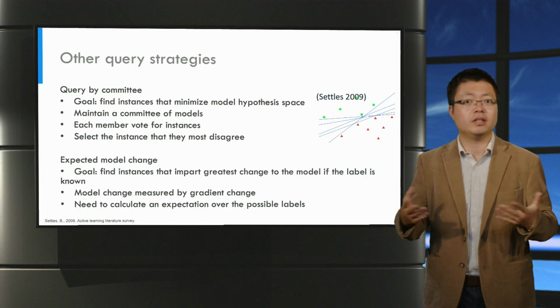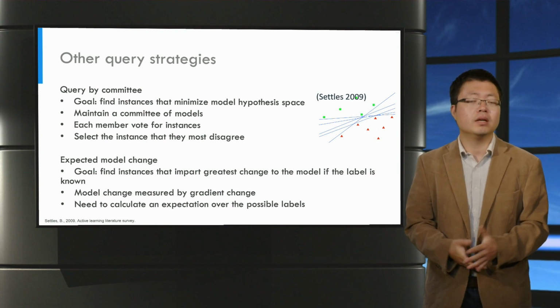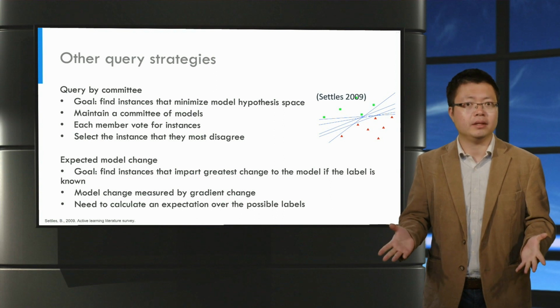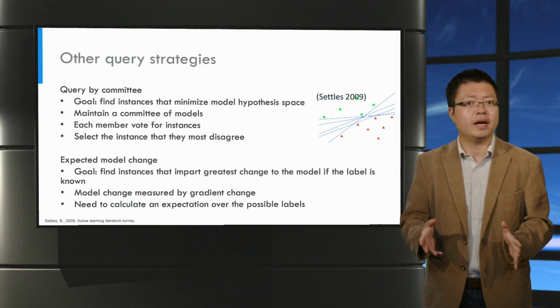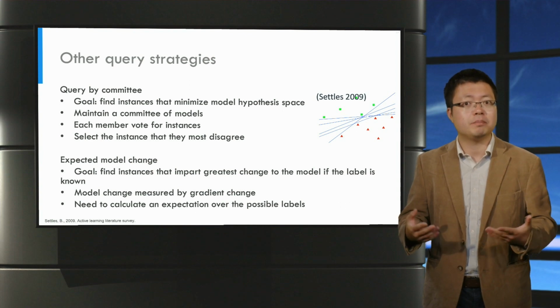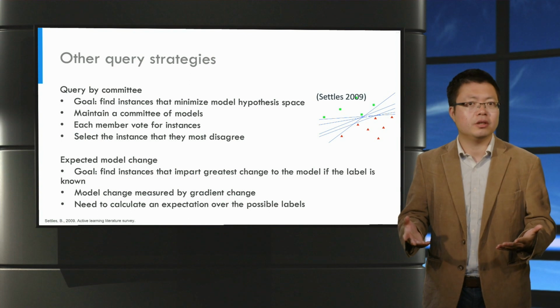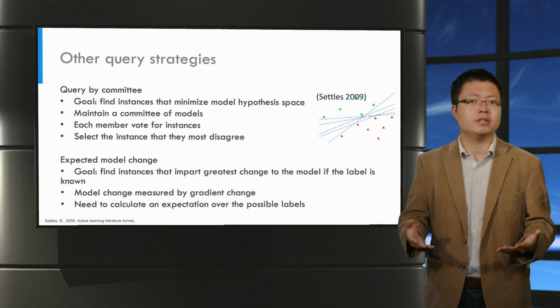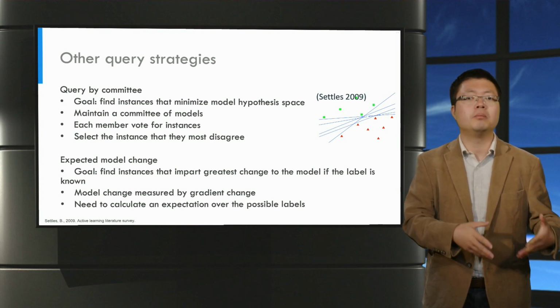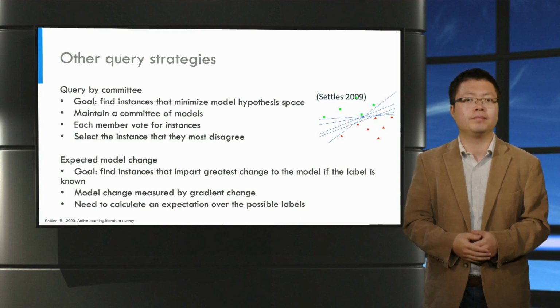Apart from uncertainty sampling, there are some other sampling methods. One of them is called query by committee. The goal is to find the instances that minimize the model hypothesis space. What it does is, first, train a committee of models using different initial data, and then the models will vote for different instances to be queried.